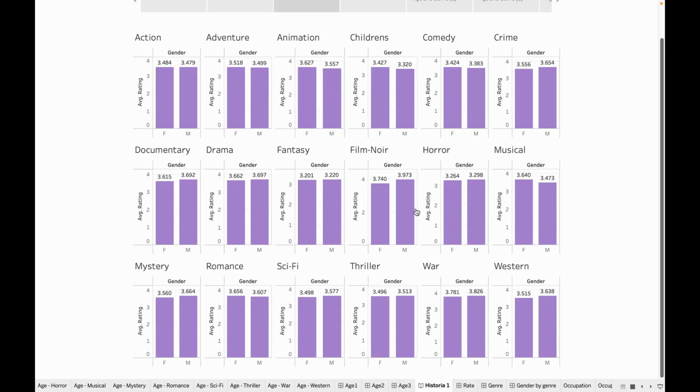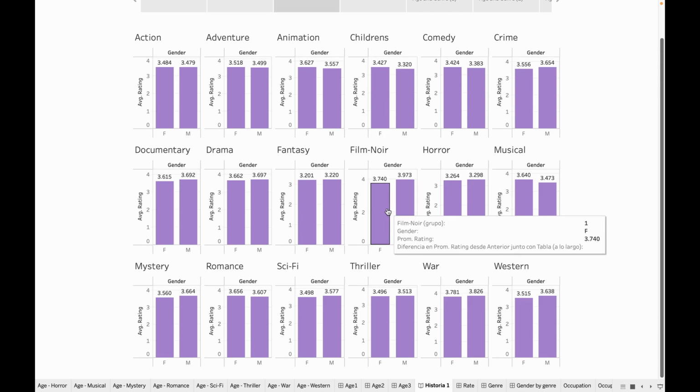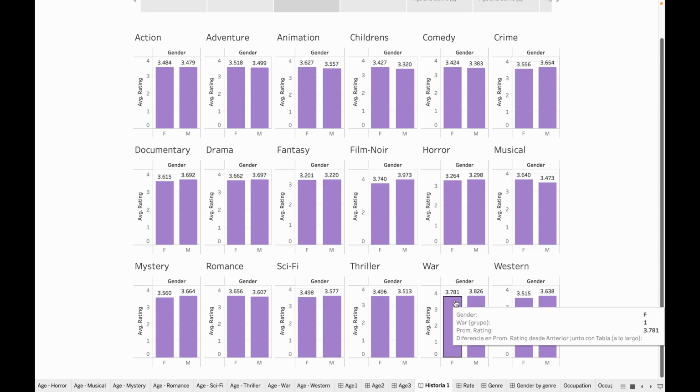Here we can see that film noir still has the best rate for both males and females, and then war also has the next highest rate for both females and males.